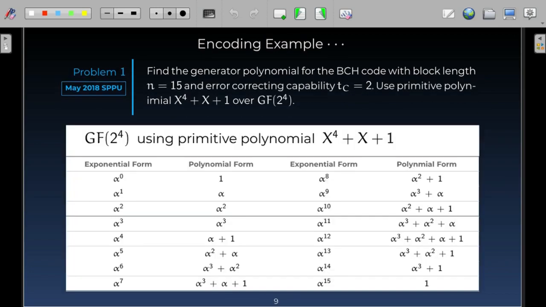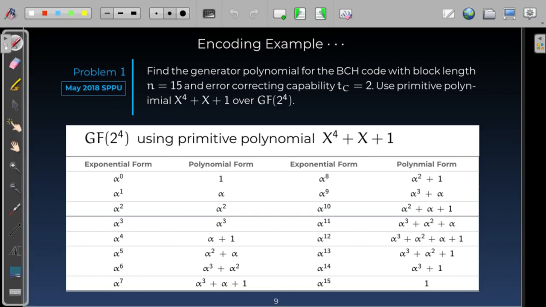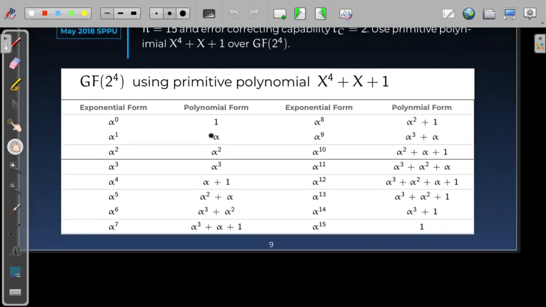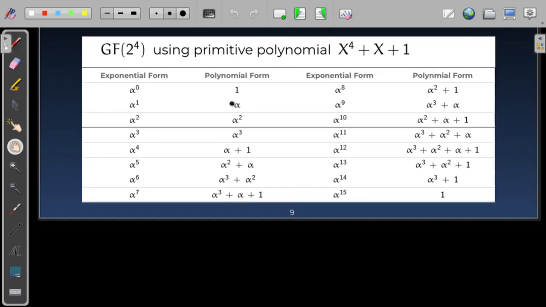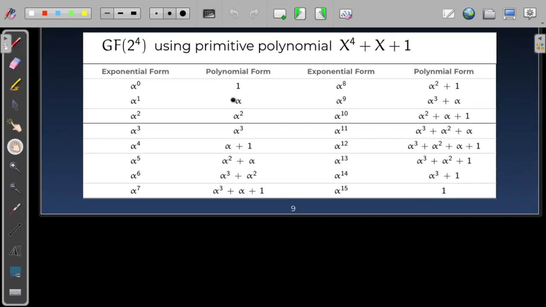Now to calculate the minimal polynomial, we have to consider the Galois field that is generated using x to the power 4 plus x plus 1. We use this to find phi 1 of x.